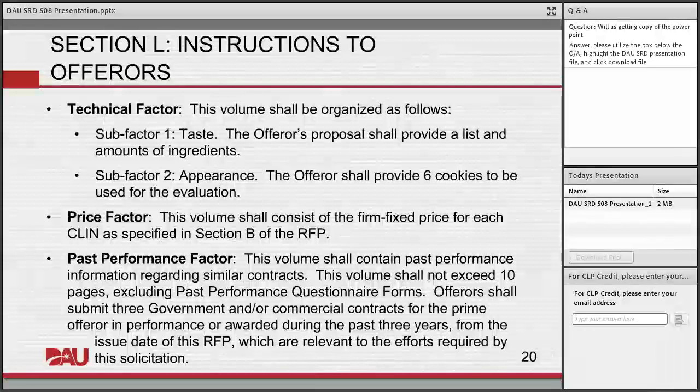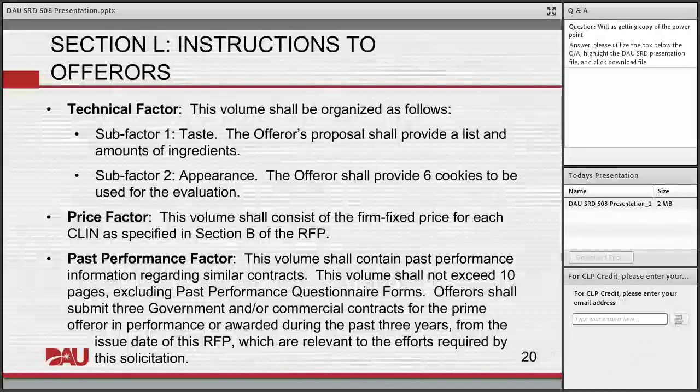And then for sub-factor 2, which is the appearance, the offeror has to provide 6 cookies to be used for the evaluation. And that will be used for the evaluation of both taste and appearance. So what we're looking for, basically, is first article testing, right?